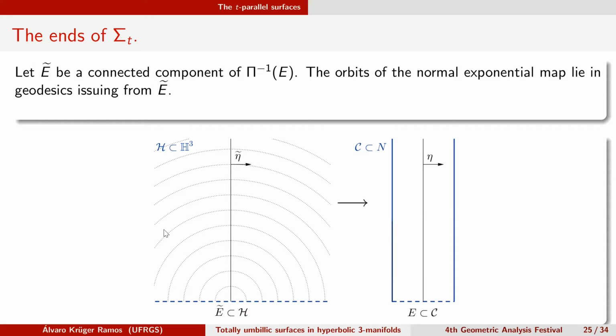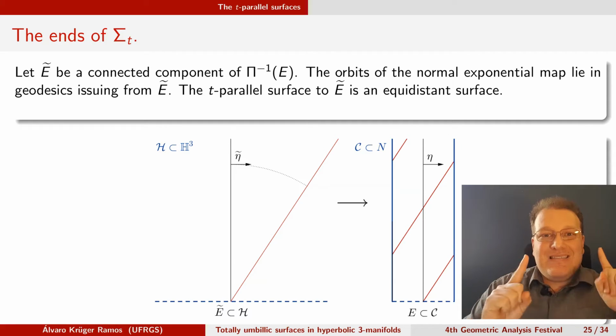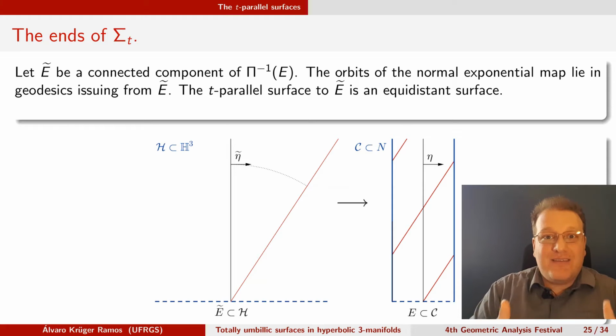So when you go parallel in H3, you are just going to a tilted plane. This tilted plane goes here by the universal covering transformation as a tilted plane, basically. So it has constant angle with all this foliation by tori. In particular, it never intersects itself.